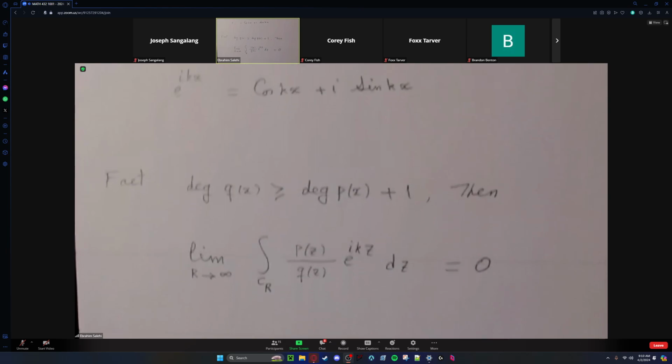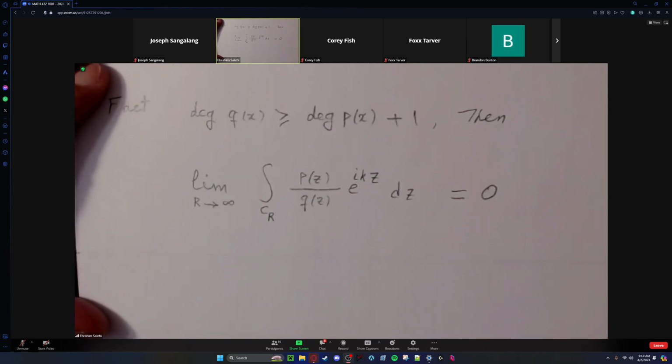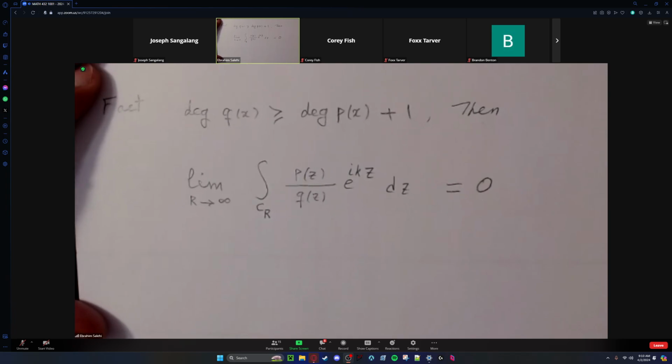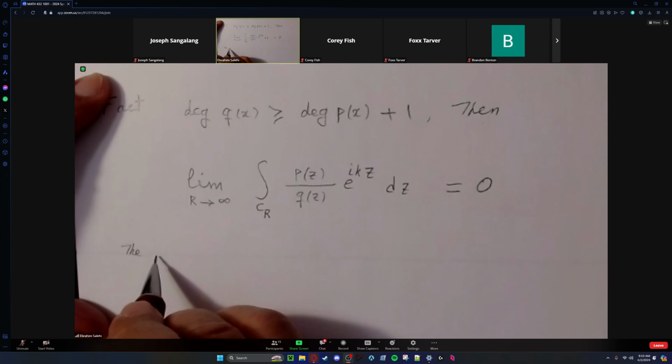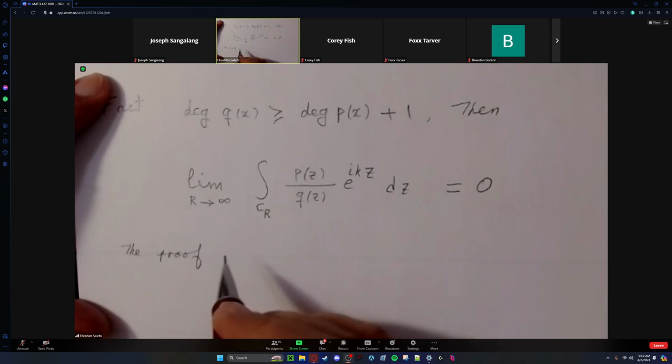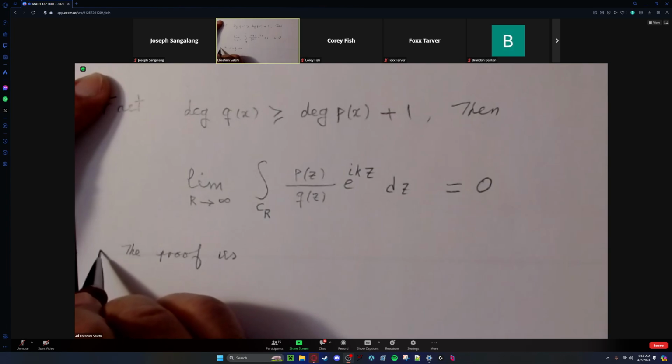So the proof of this fact uses Jordan's inequality.